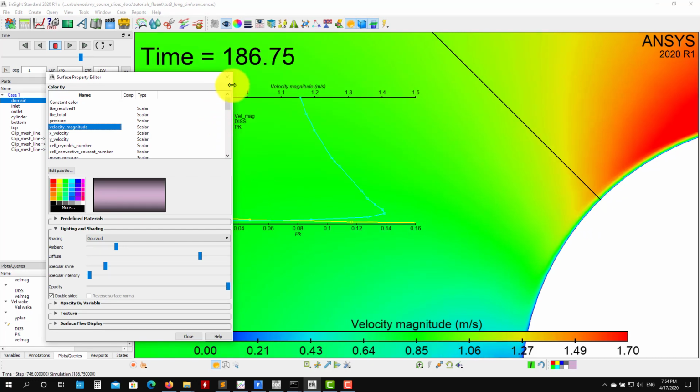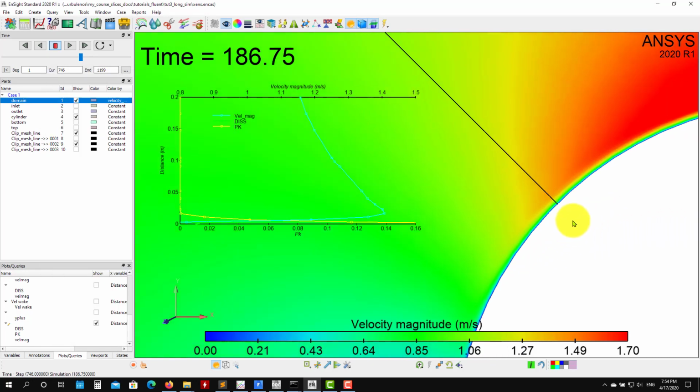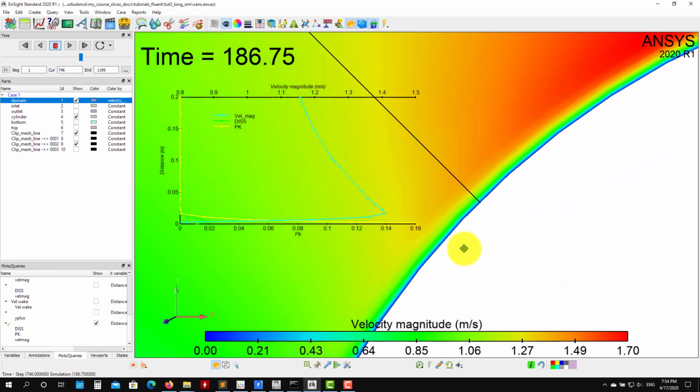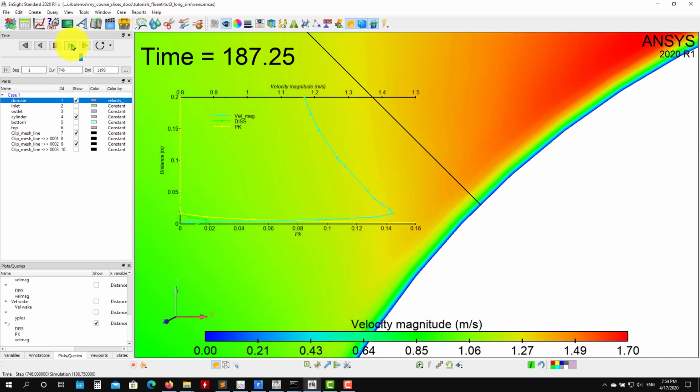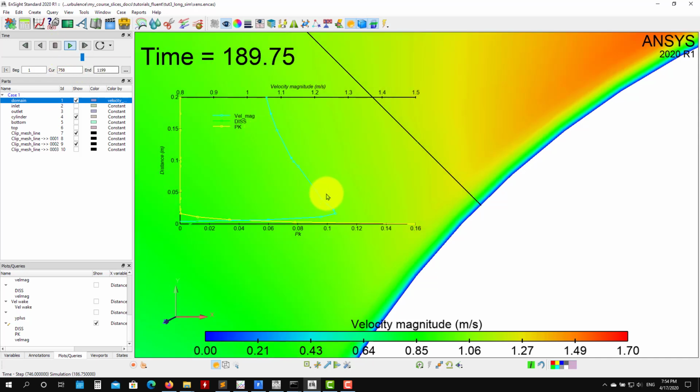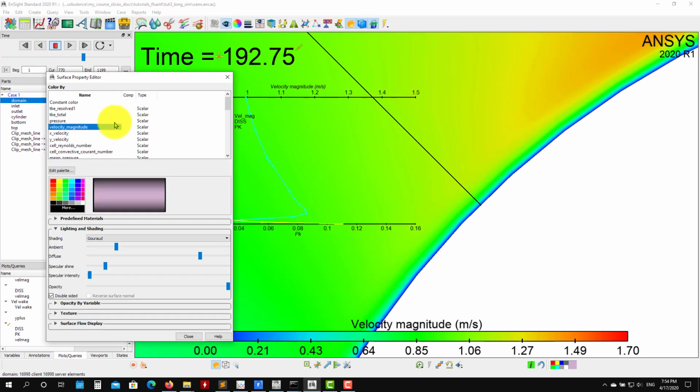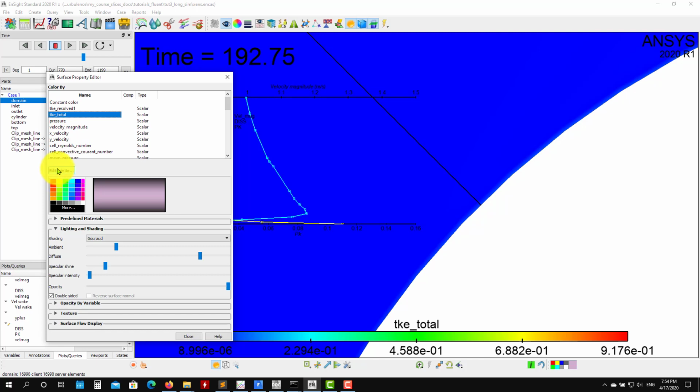So see the boundary layer, which is the cyan line that you see there, and then we can also plot the total kinetic energy. Remember that you have a resolved field, and then you also have what is modeled. Let me plot the total kinetic energy.